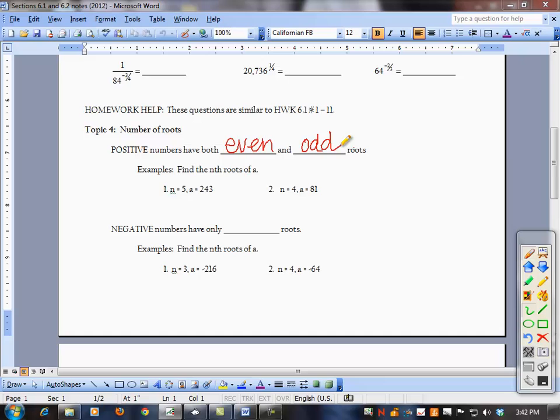I'm asking you in this first example to take the 5th root of 243. So I'm going to put in my calculator the 5th root of 243. Let me show you real quick.